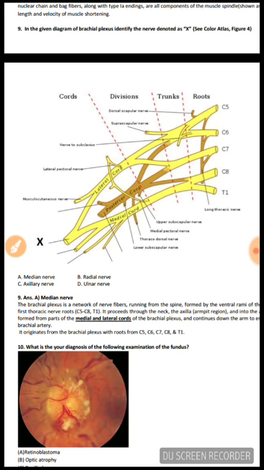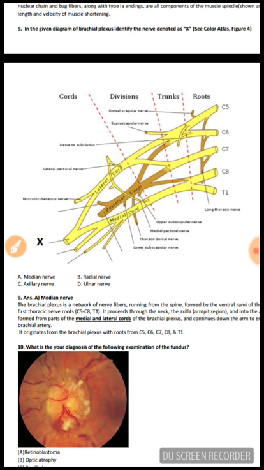So another thing from anatomy, a lot of questions can be asked from anatomy, and the first thing which you study after getting your MBBS in first year is the brachial plexus. So this question is from the brachial plexus, and I believe that you will be able to mark it correct.